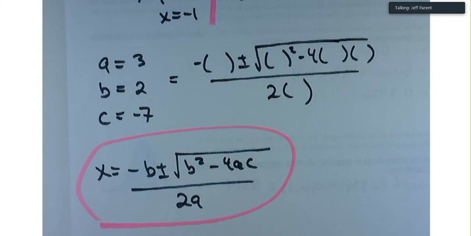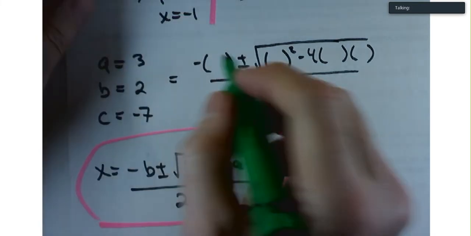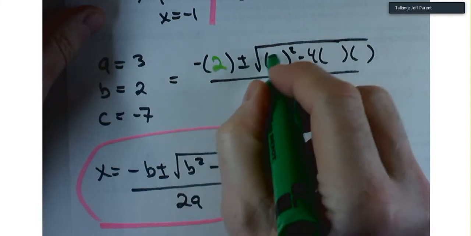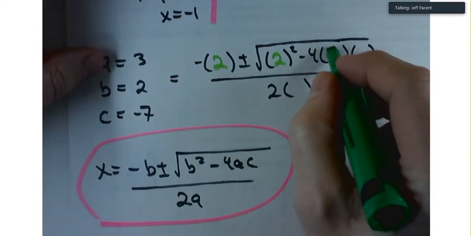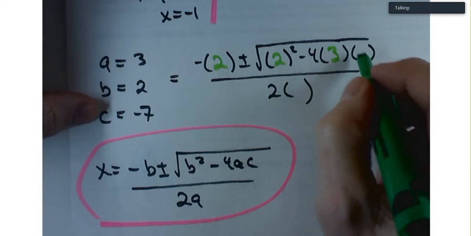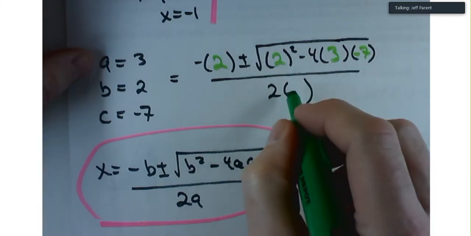And let's put some numbers in here. Negative of 2 squared minus 4 times a, which is 3, times c, which is negative 7, over 2 times 3.